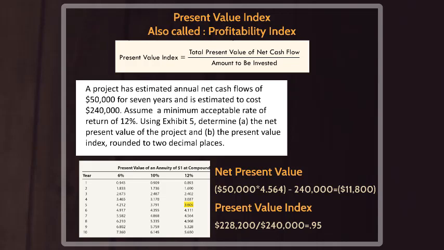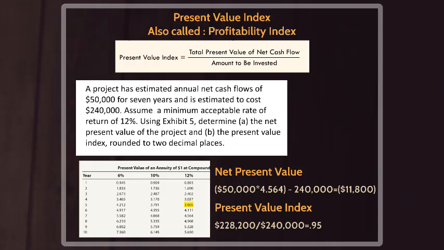And so we'll pull up that present value of an annuity table. We look up 12% and we'll look up 7 years. This is just 2 spots under that highlighted yellow piece. So we find a factor of 4.564, and we'll multiply that by our net cash flows to give us our present value, which is $228,200.